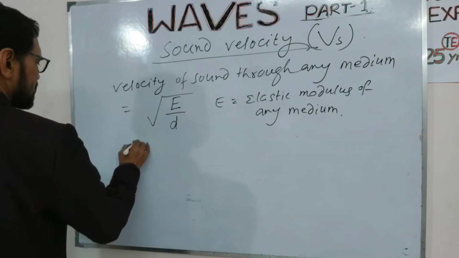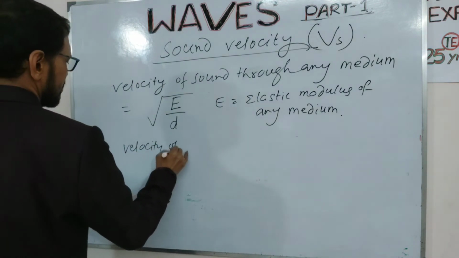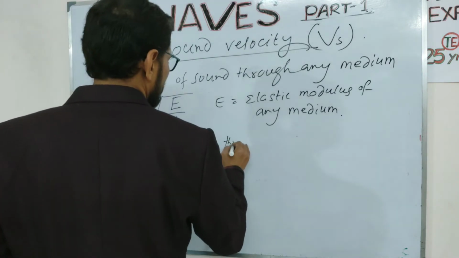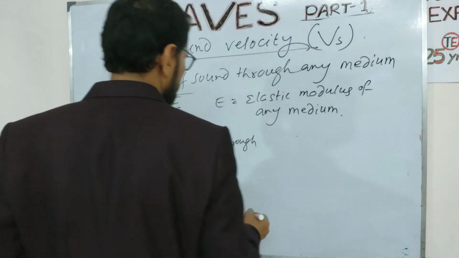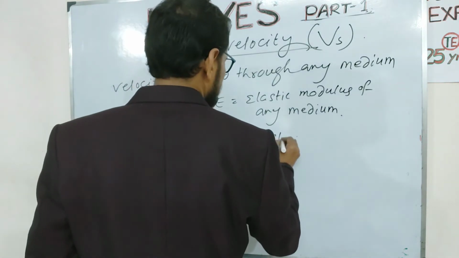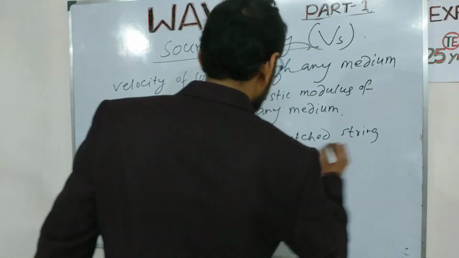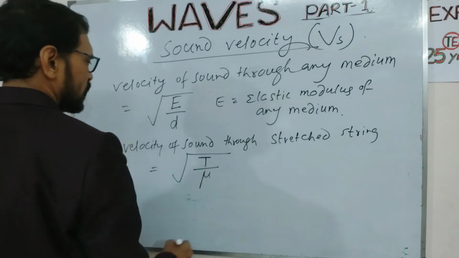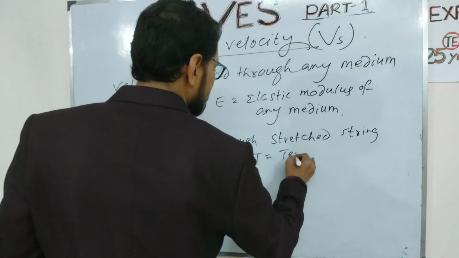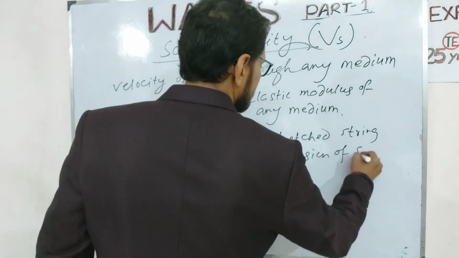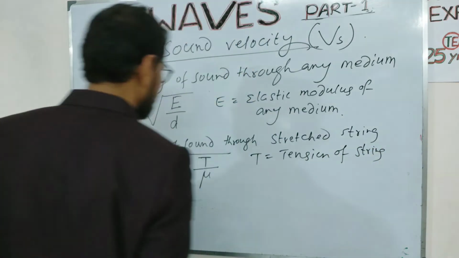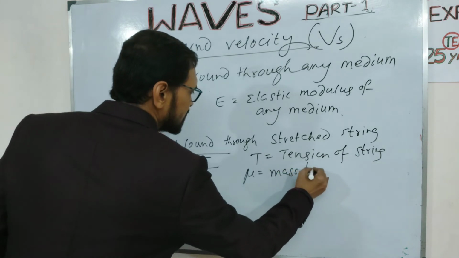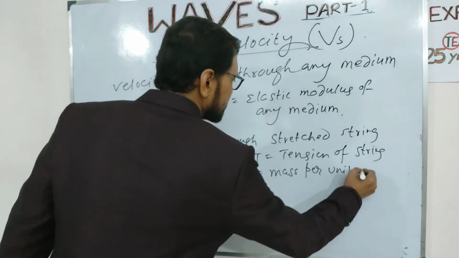Velocity of sound through a string equals, the formula is root over T by mu, where T is the tension of the string and mu equals mass per unit length.